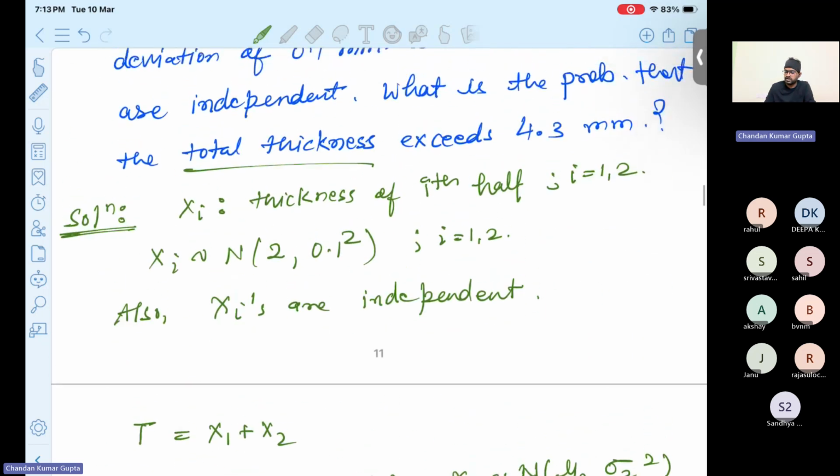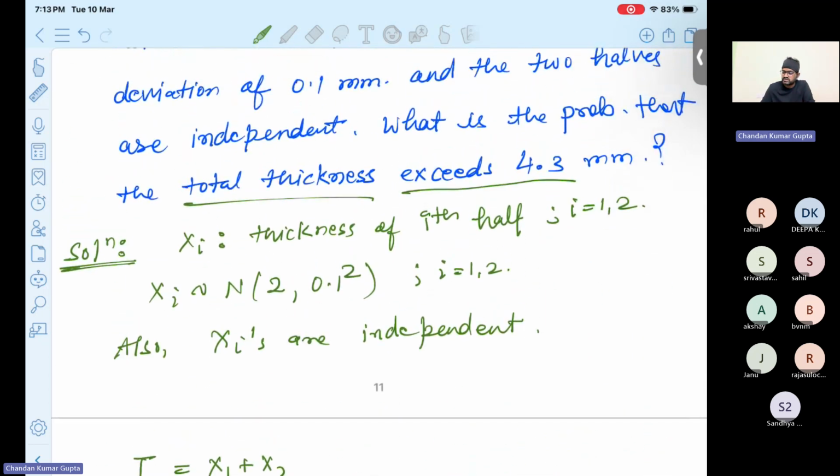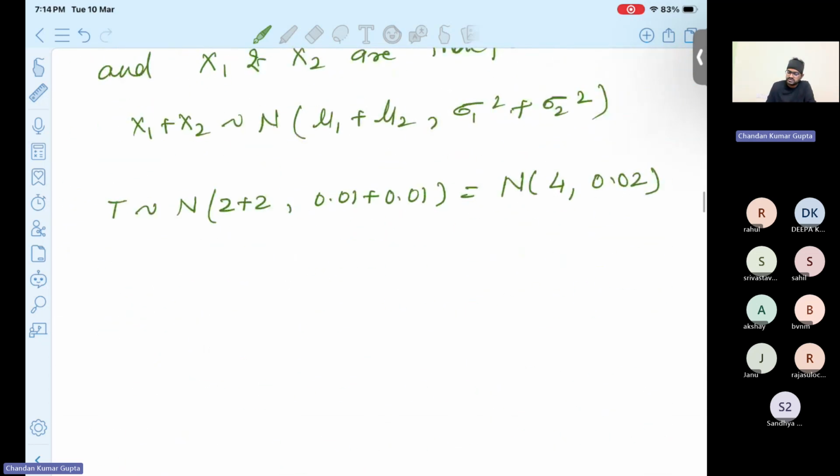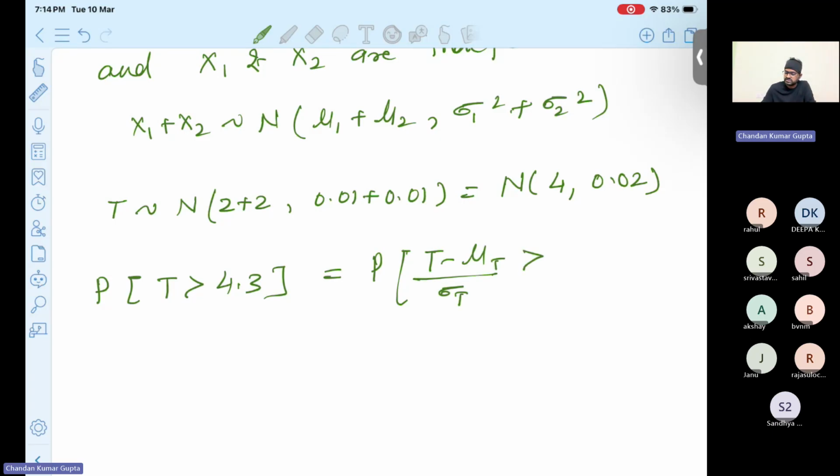Now there is one last piece of information: the total thickness exceeds 4.3. So we need to find the probability that T is greater than 4.3. It is a normal distribution problem, so we standardize: (T minus mu) upon sigma is greater than (4.3 minus 4) upon sigma, where sigma is the square root of 0.02.